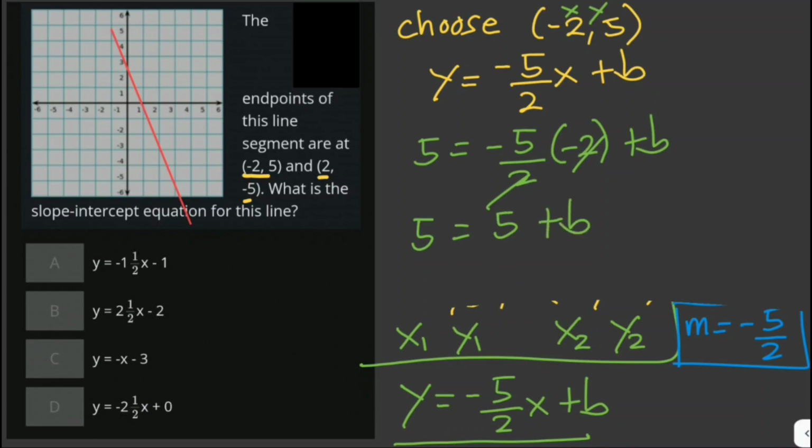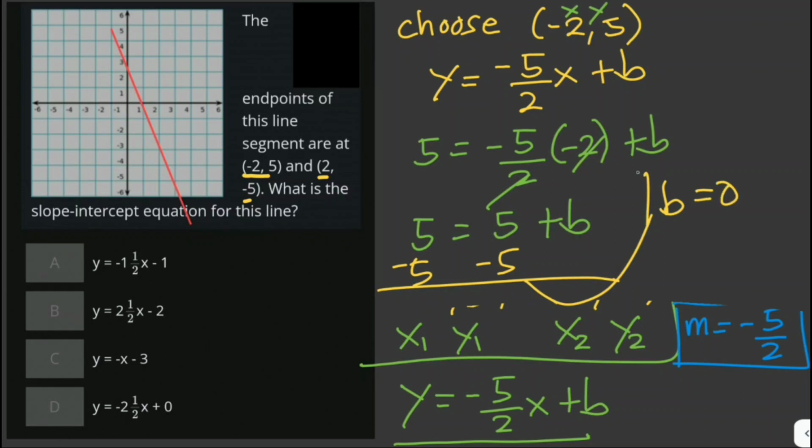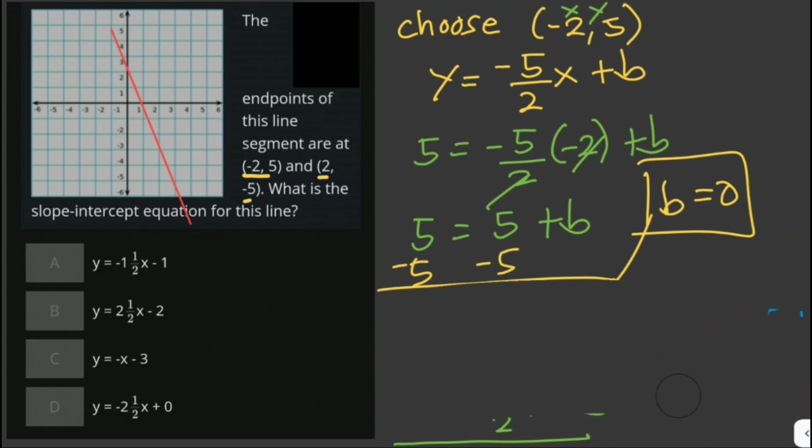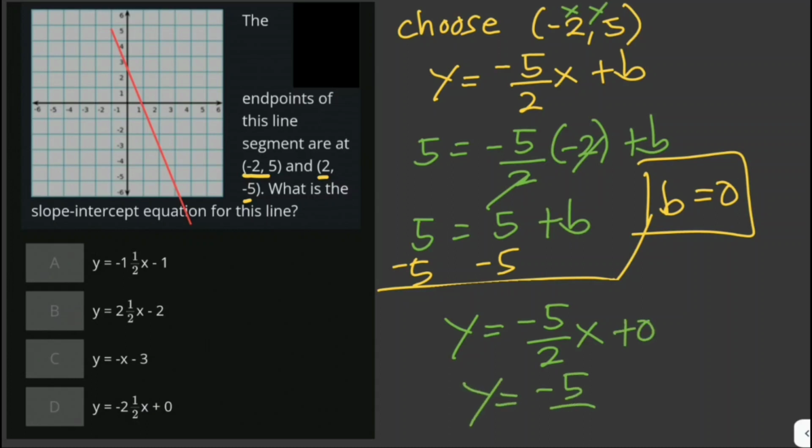Therefore, we subtract 5 from both sides, and b is just equal to 0. Therefore, our slope-intercept equation would be y equals -5/2 x plus 0, or simply y equals -5/2 x. We disregard the 0 here.